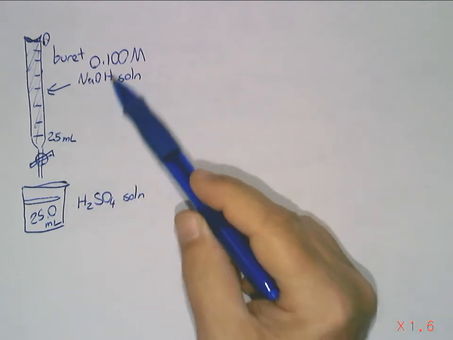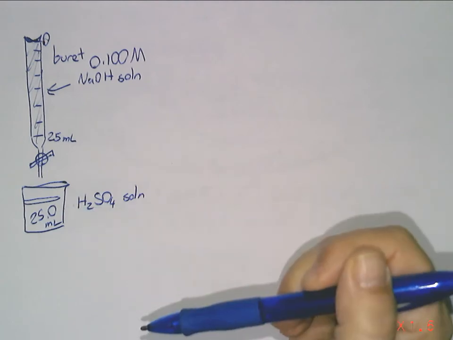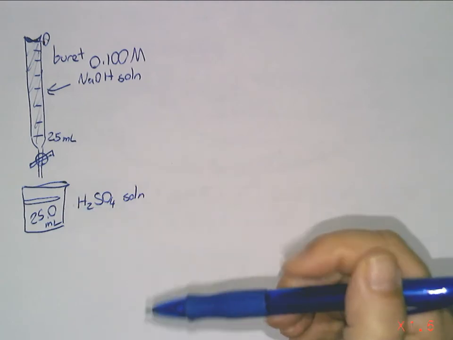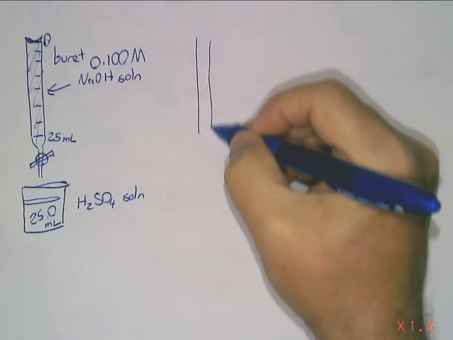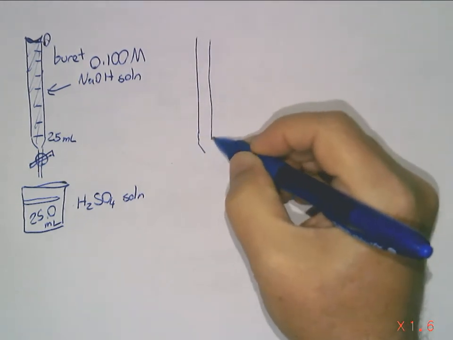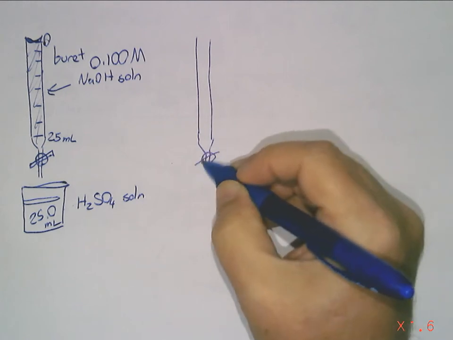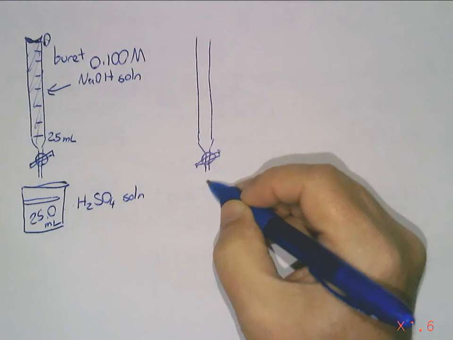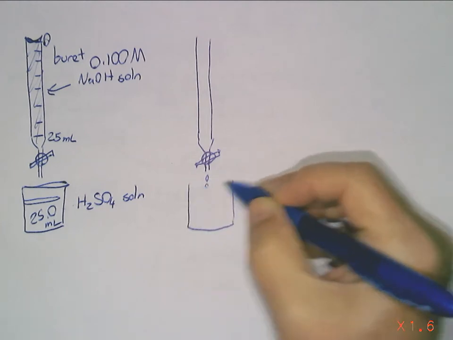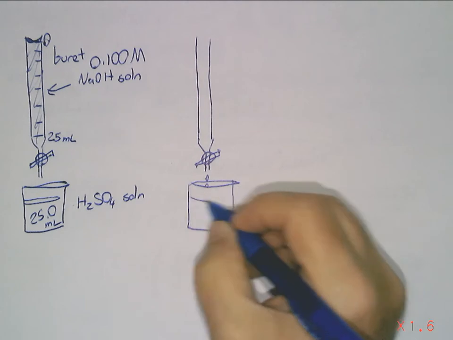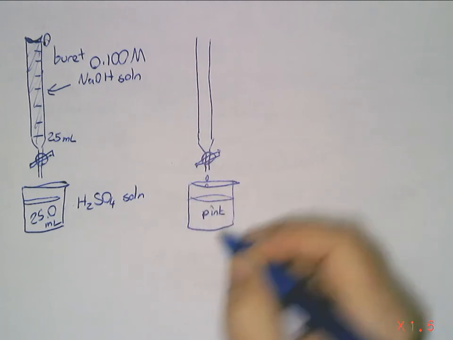So if I add a tiny bit too much sodium hydroxide, I'll see this turn from a clear solution to a pink solution. So what I'm going to do is dribble the sodium hydroxide solution down into here until I see the first appearance of a pink color.